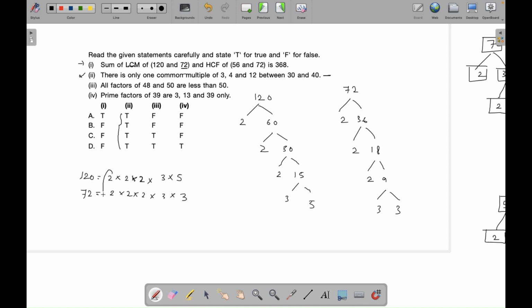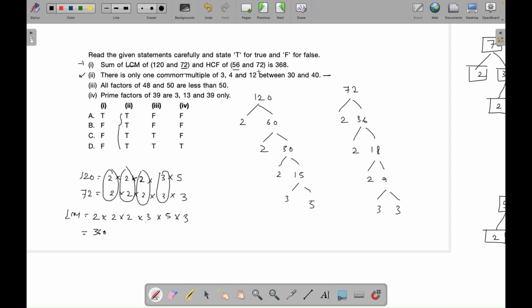The common factors are the three 2s, the 3, and the rest. So the LCM will be 2 times 2 times 2 times 3 times 5 times 3. 2 twos are 4, 4 twos are 8, 8 threes are 24, 24 fives are 120, 120 threes are 360. So it is 360.